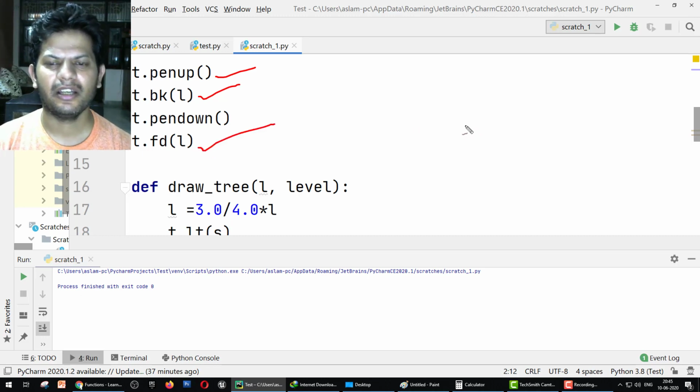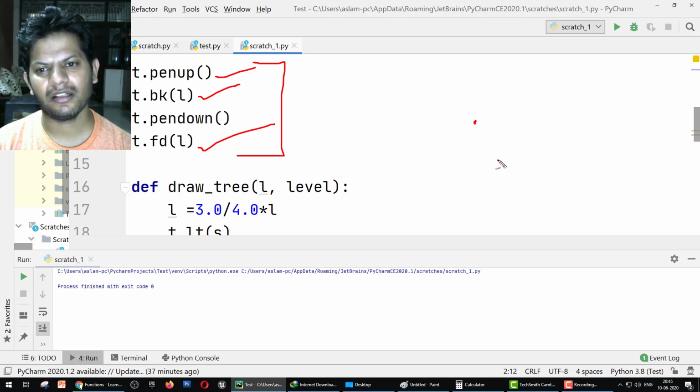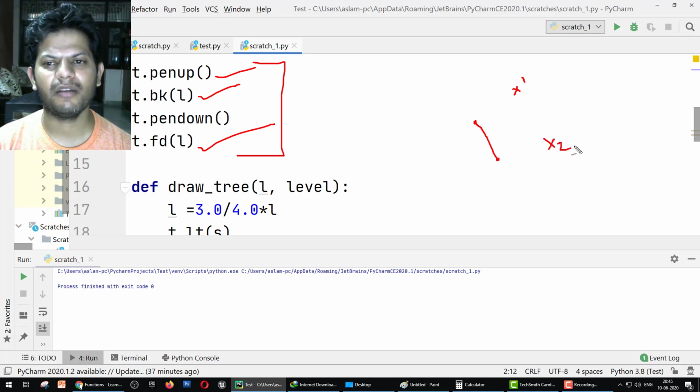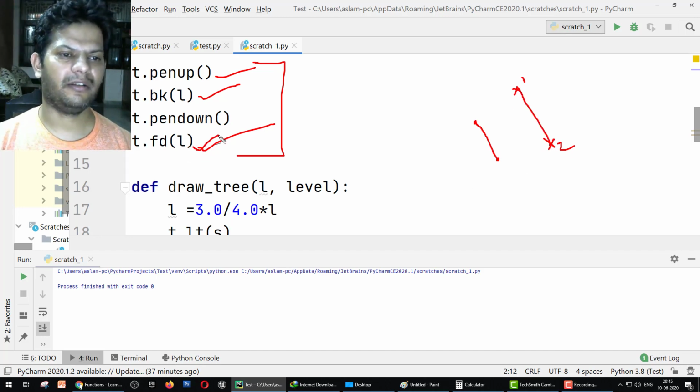It means if your pen is here, what we do in these four lines: pen up and backward a distance here without drawing, and pen down here and forward distance, like that. The first position is the pen is here, the second position is here without drawing, then forward a distance L.